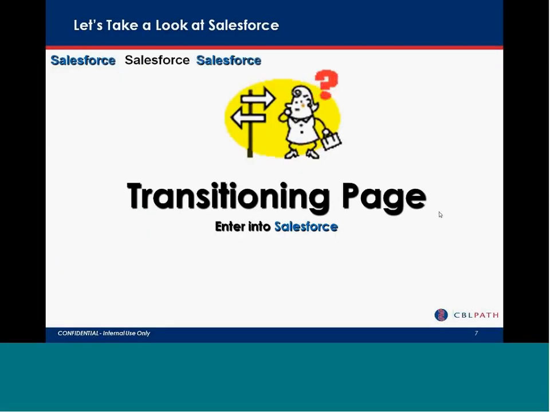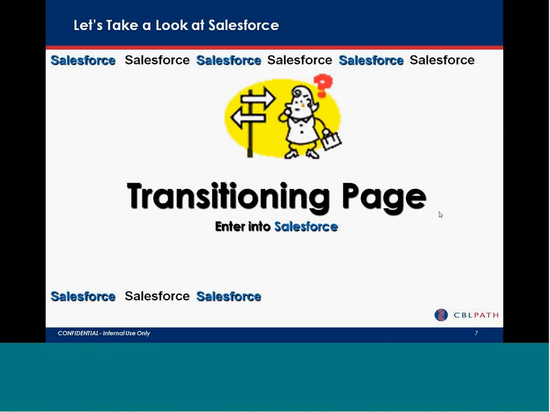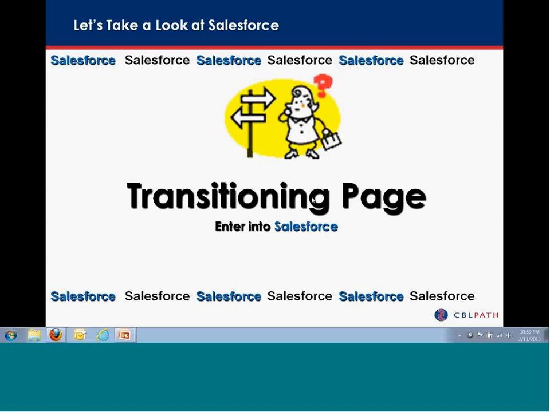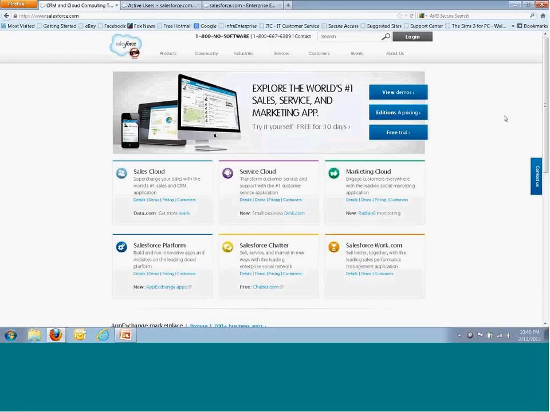Now that you're familiar with the types of things you will encounter in Salesforce, let's take a tour of the application. To get started, you will need to log into your organization. You will go to www.salesforce.com, then click Login in the upper right-hand corner.